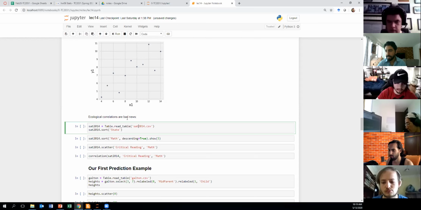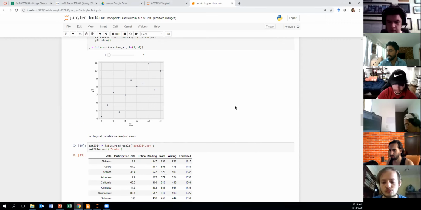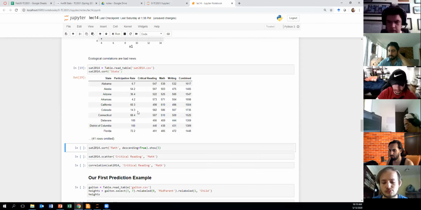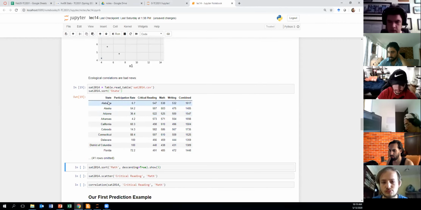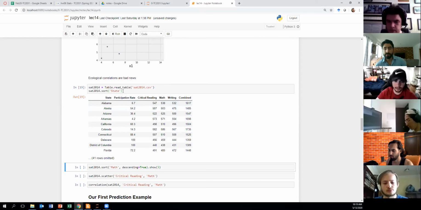So about those ecological correlations that I mentioned, let's look at this table. This is a table of different states in the United States with their grades in the SAT exam, the exam required to get admitted into university.